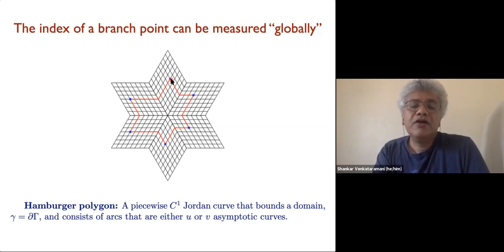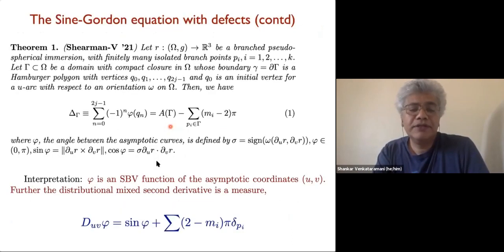On the regular plane, such a closed curve will only have 4 vertices. You go UV, UV, you come back. Whereas if you have branch points, you can have more. And then if you integrate, there's an integrated form of the Sine-Gordon equation on these objects, which, if you look at the differential equation, tells you essentially that you get the sin phi, but you also get a contribution from each of the branch points, and these contributions are all of the same sign.